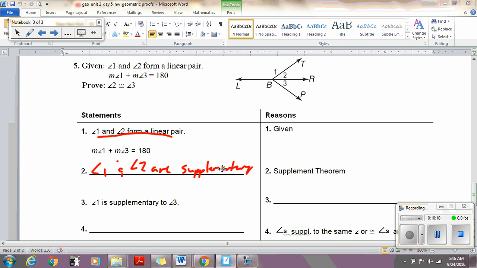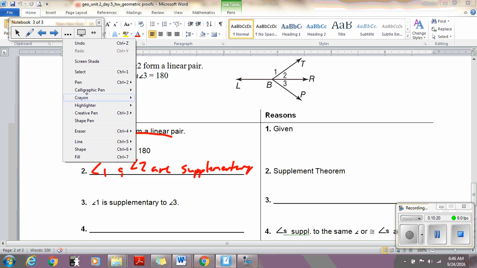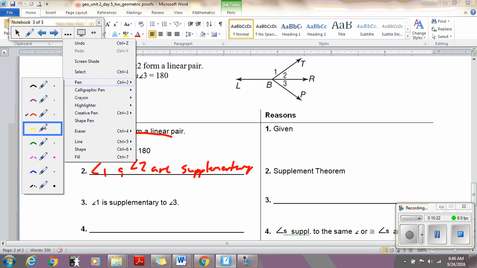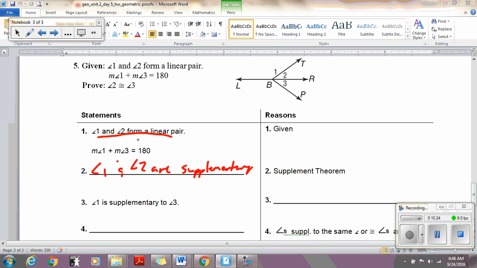Now, statement 3 is talking about angle 1 is supplementary to angle 3. But when you go back to statement 1, it shows you that the only thing they talk about with angle 1 and angle 3 is that their measures add up to 180. So we're not going to write supplement theorem again because supplement theorem used linear pair terminology.